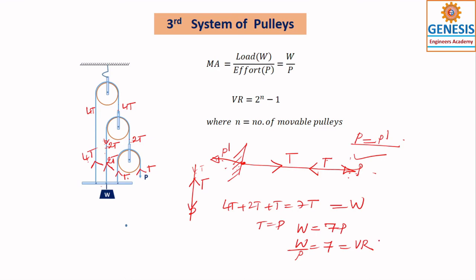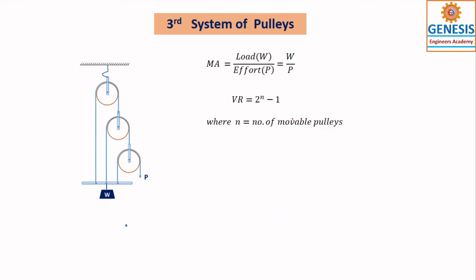If I have to use 2 to the power of n concept, so this is equal to 8 minus 1, that is 2 to the power of 3 minus 1. So this 3 is related to that. So in the third system of pulleys, the formula is 2 to the power of n, till the bracket, minus 1.